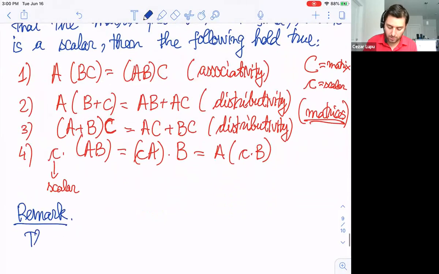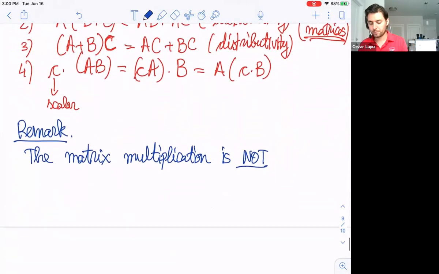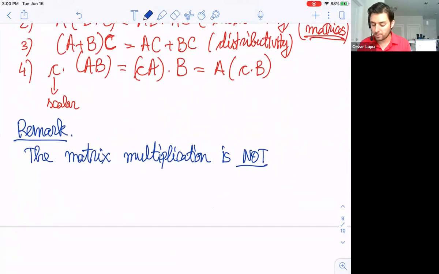Matrix multiplication is not commutative, not necessarily commutative.